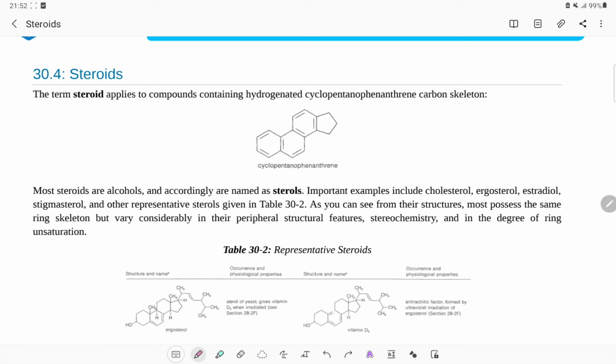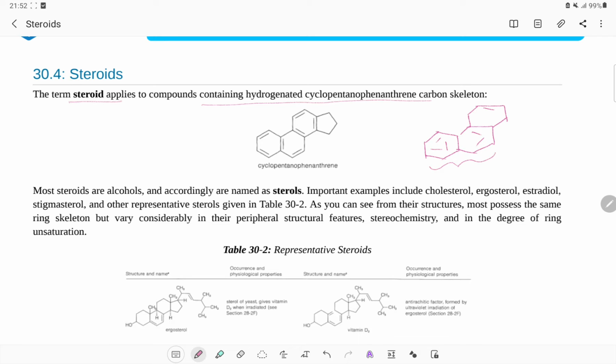The term steroids applies to compounds containing the hydrogenated cyclopentano-phenanthrene carbon skeleton. Now, when I look at the structure of phenanthrene, we know that it is an aromatic system where there is a presence of an aromatic benzene type ring.